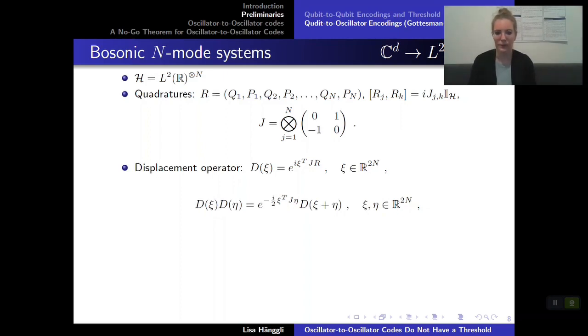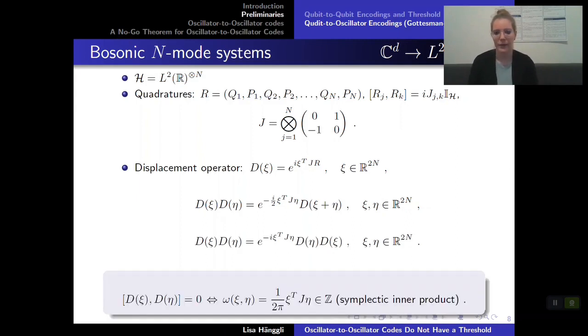And therefore, we can write their commutation relations as given. And in particular, two displacements commute whenever the symplectic inner product of their corresponding vectors is an integer. And we also say that xi and eta are symplectically integral in that case.